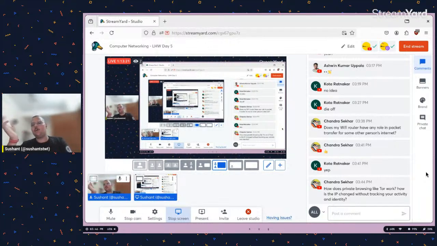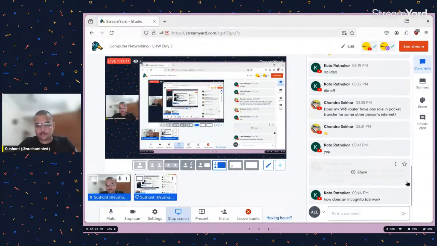But I think what Tor is basically doing is creating layers, so things become harder to track. Technically, again, you can track a Tor browser, but it will become very hard because it's using a layer kind of structure. But in a practical scenario, it's very hard to use a Tor browser.